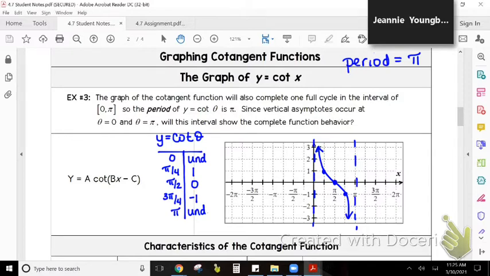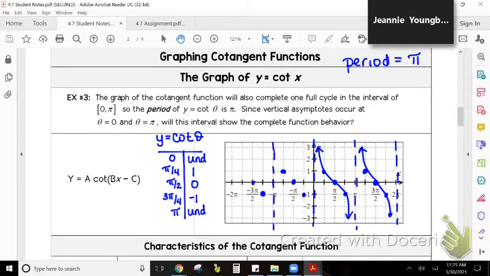All right, and so we could continue our pattern here. We know if we keep going to the right that our next point is going to be up at the 1, and then a 0, and then down at negative 1. And then we have an asymptote. If I continue my pattern going to the left, we're going to start down at negative 1, 0, positive 1, asymptote. We can keep going.